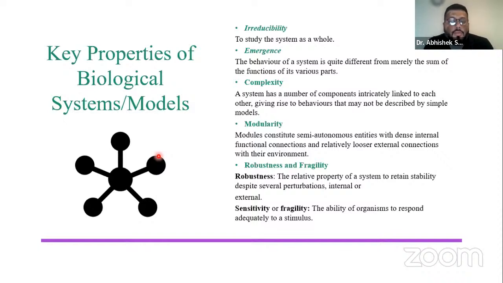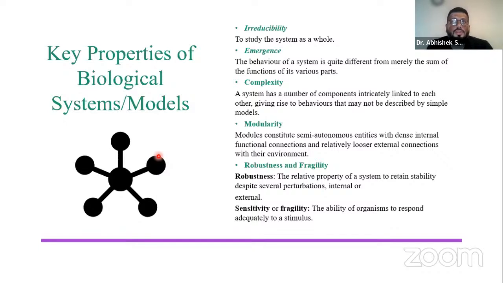So then robustness and fragility. Robustness and fragility is again a very important property. There are so many fluctuations that happen inside a cell. I'm just giving the example of a cell as a system.